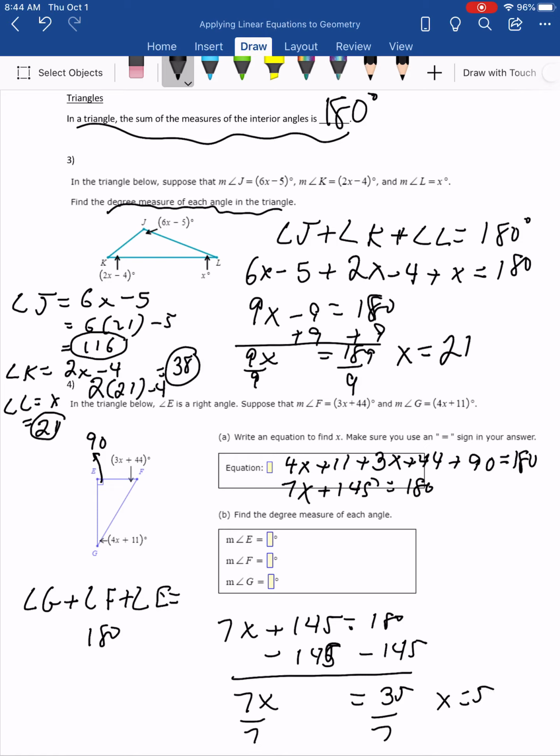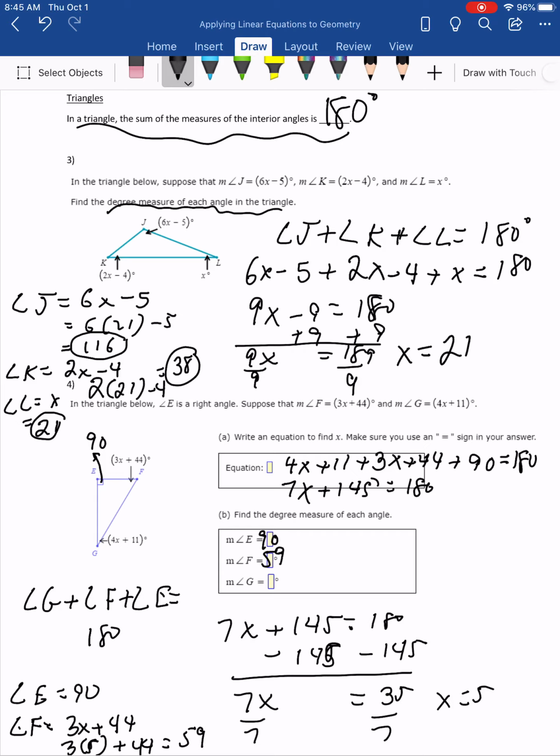So angle E is just 90, okay? We know it's a right angle, so it's 90 degrees, no work to do there. Angle F is called 3x plus 44, so that's going to be 3 times 5 plus 44, which is 15 and 44, 59.